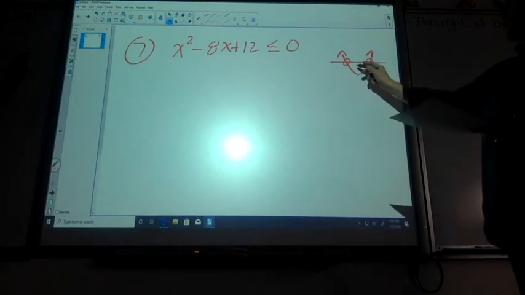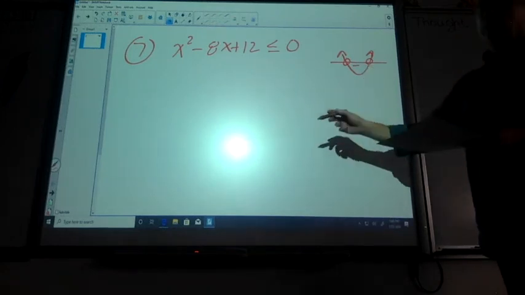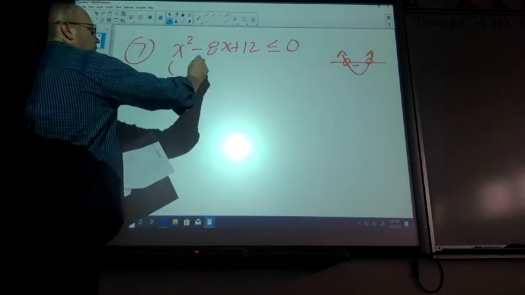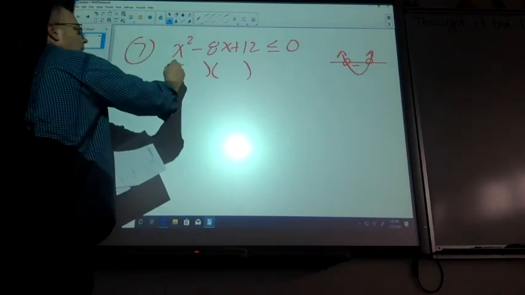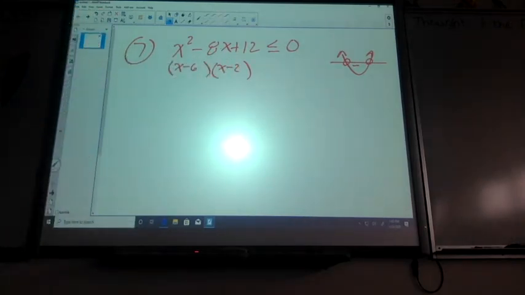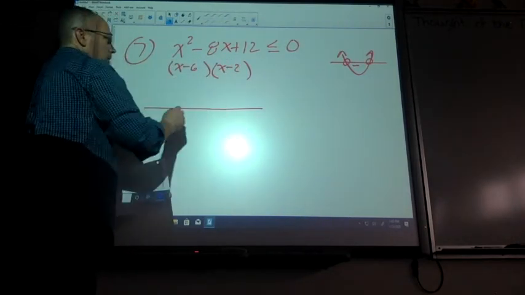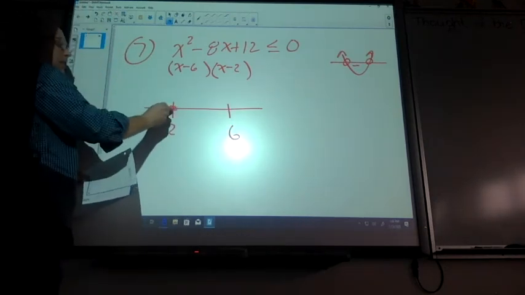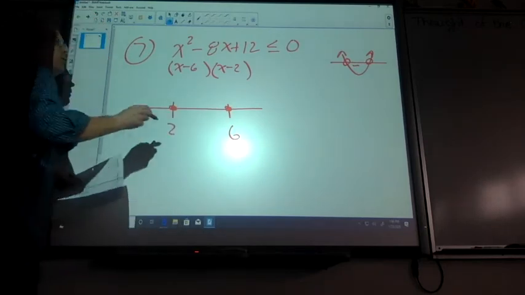And so where we're looking is for the negative region. So when we create this on a sine line, I have to factor this. So this would factor to be x minus 6, x minus 2. Agree? And then on a sine line, it's going to happen at 2 and it's going to happen at 6. I have a solid dot at each. Those are my critical values.